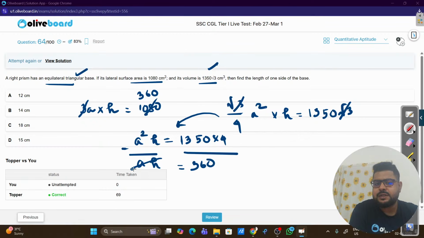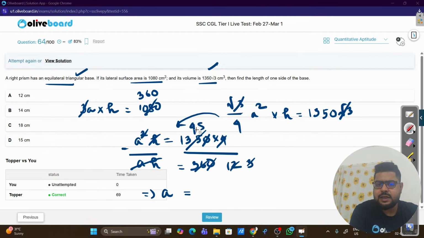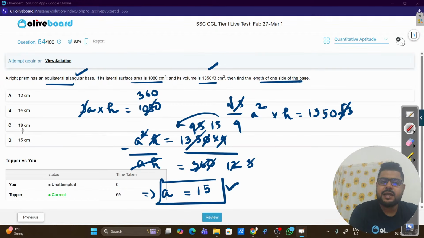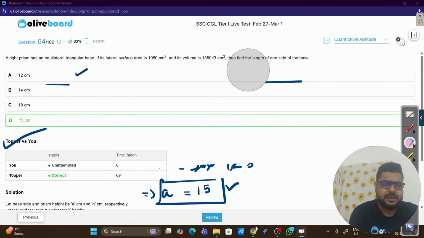Divide these two equations, so from there I get A. 0, 0 gone. So A is 15, sir. That is what they were asking. So 15 is the answer, option number D. Done and dusted, sir.